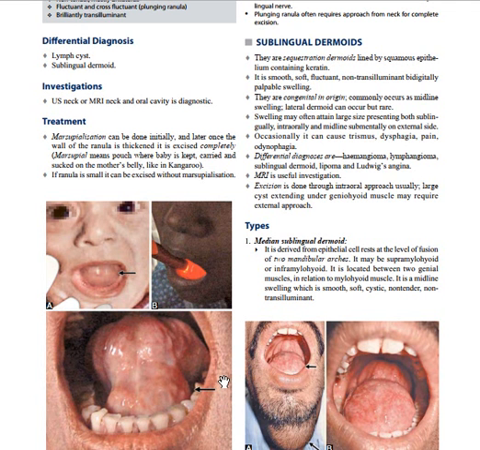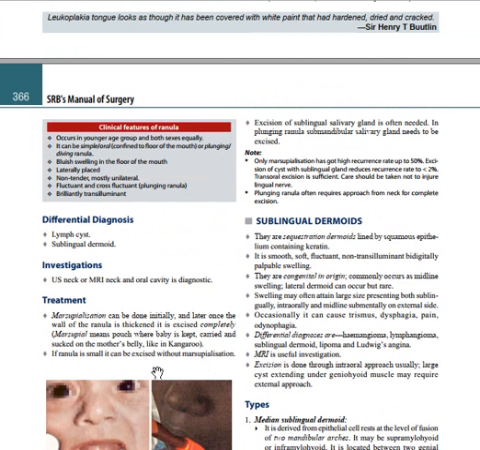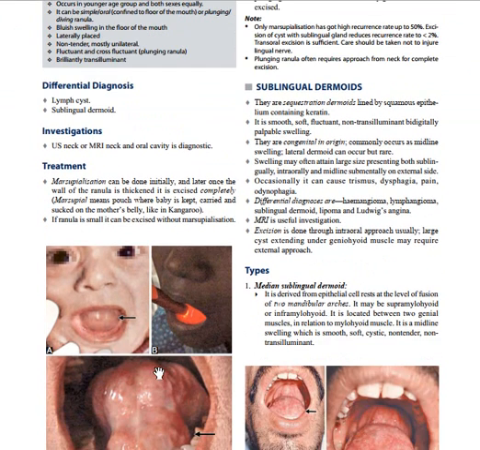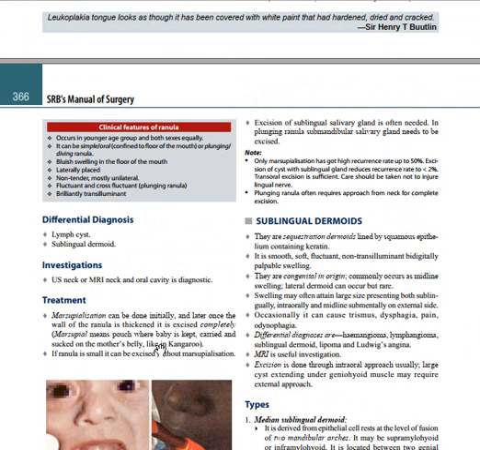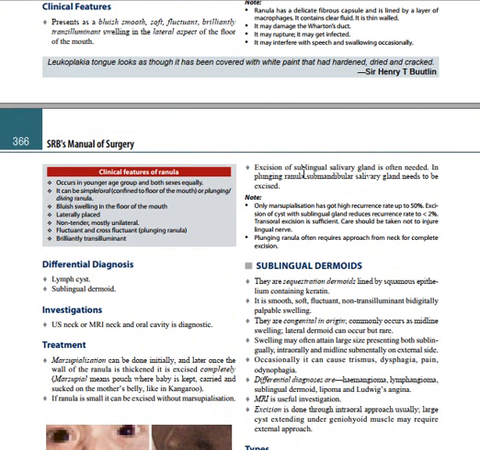That is marsupialization. The third thing you can do is excision of the cyst with the capsule. You need to know that a ranula has a soft capsule. If you excise the whole ranula with the capsule, you are not going to have recurrence. The next form of treatment is excision of the ranula with the glands.